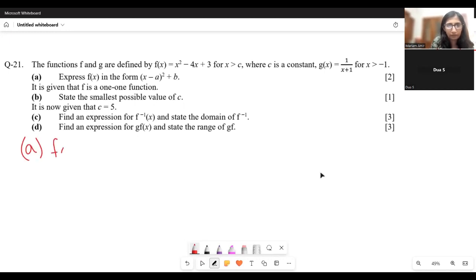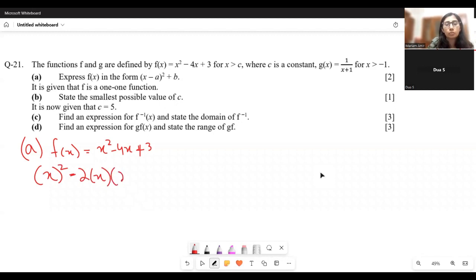So f(x) is written as x² − 4x + 3. We have to complete the square, so we already have the x² and −2ab, so b will be 2. So (x − 2)², then minus 2², and then plus 3.